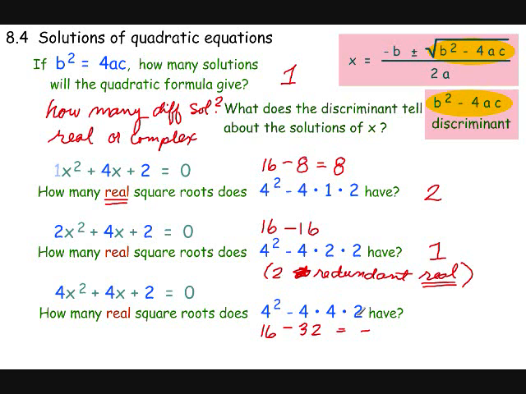So if I have a negative number under the radical, how many real square roots am I going to have? None. We didn't ask how many complex roots we would have. Two. That's right. Okay.